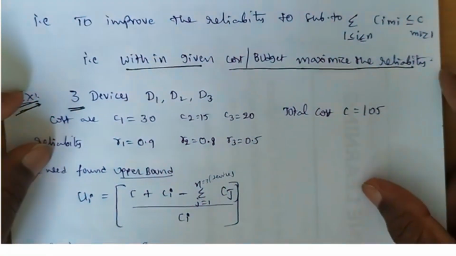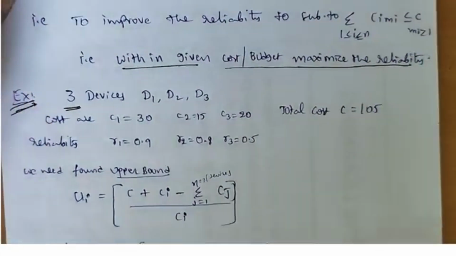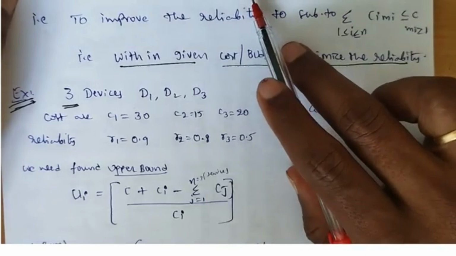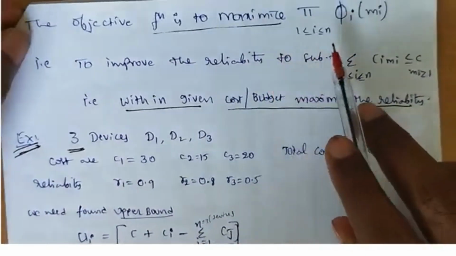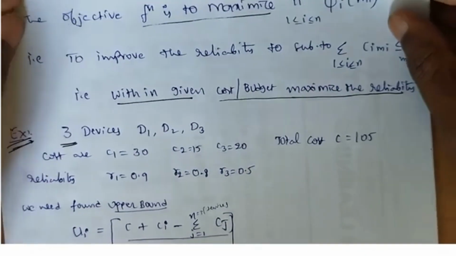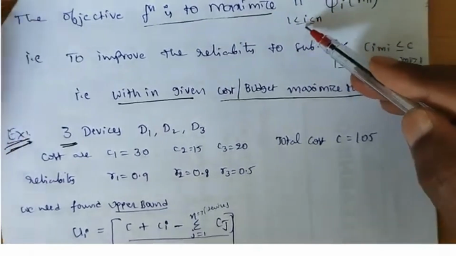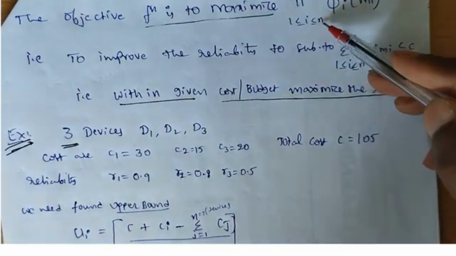The main objective function is to maximize the design reliability, the product of Pi raised to Mi for 1 less than or equal to i less than or equal to n.